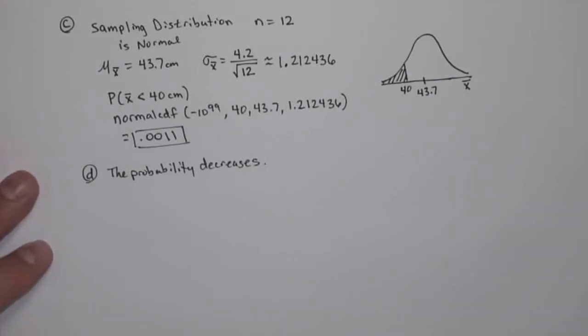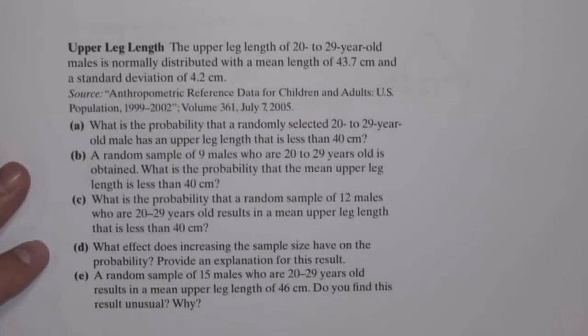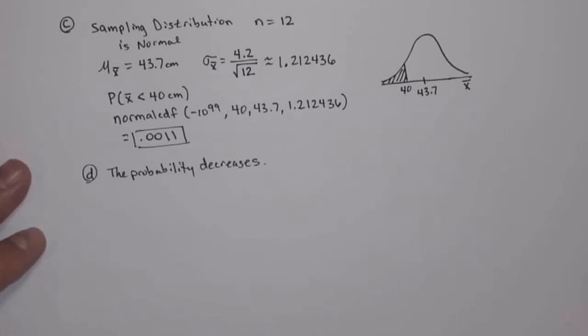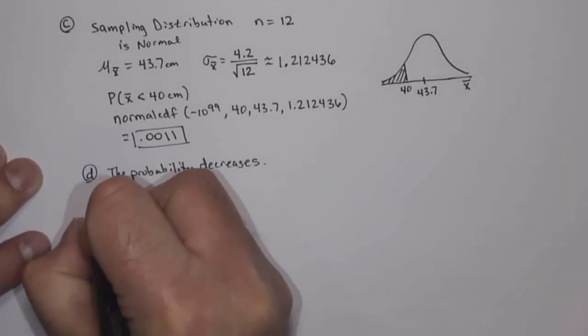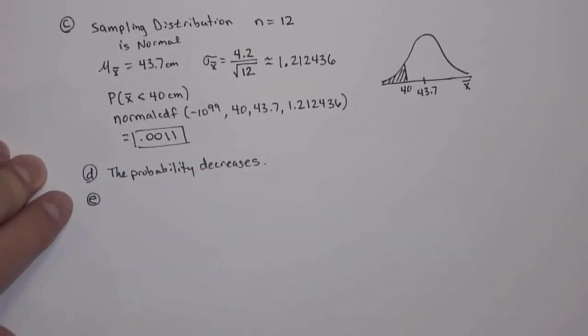Now let's conclude this by looking at part E. So pulling back in part E, a random sample of 15 males who are 20 to 29 years old results in a mean upper leg length of 46 centimeters. Do you find this result unusual? Well, looking at part E, would it be unusual means that we need to find the probability of that occurring.